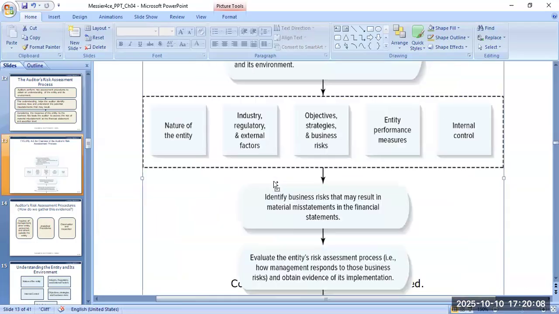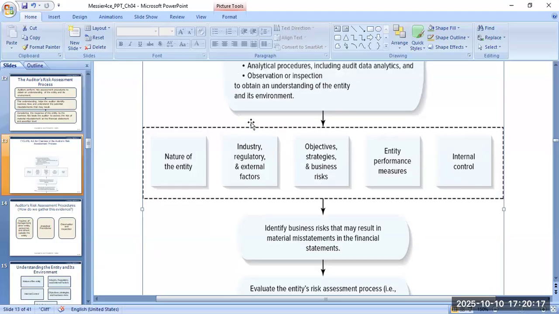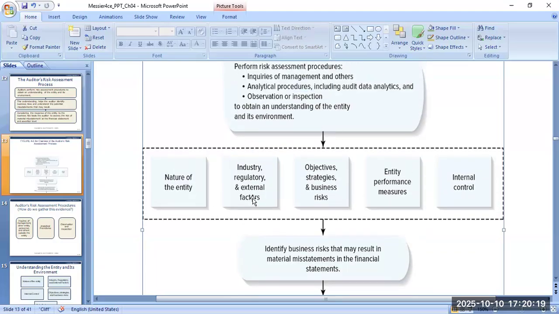That will involve what we're chasing here: the nature of the entity, industry, regulatory and other external factors, objectives, strategies, and business risk. What's their strategy? What's their ambition? What's their vision?